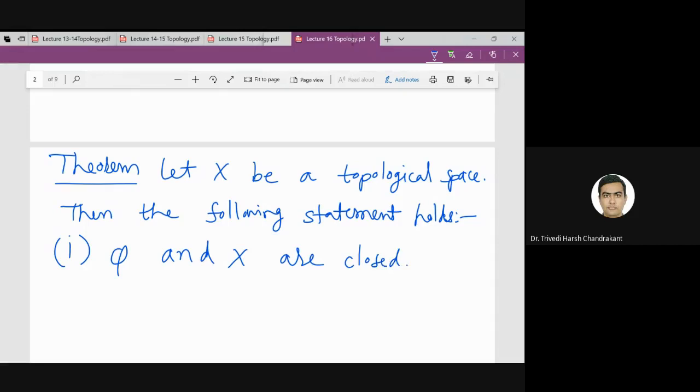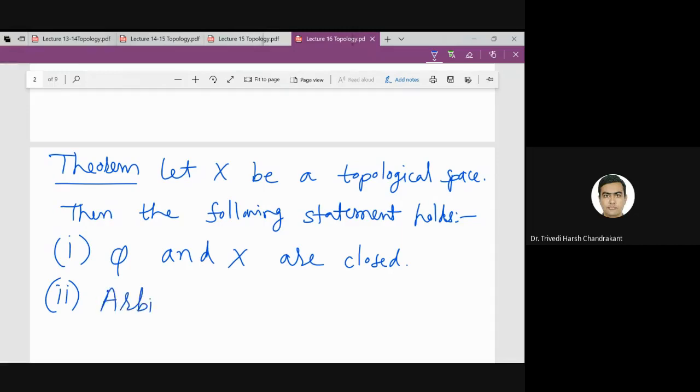We already know that they are open because they belong to tau for every tau, and now we are saying they are also closed with respect to every tau because their complements also belong to tau.